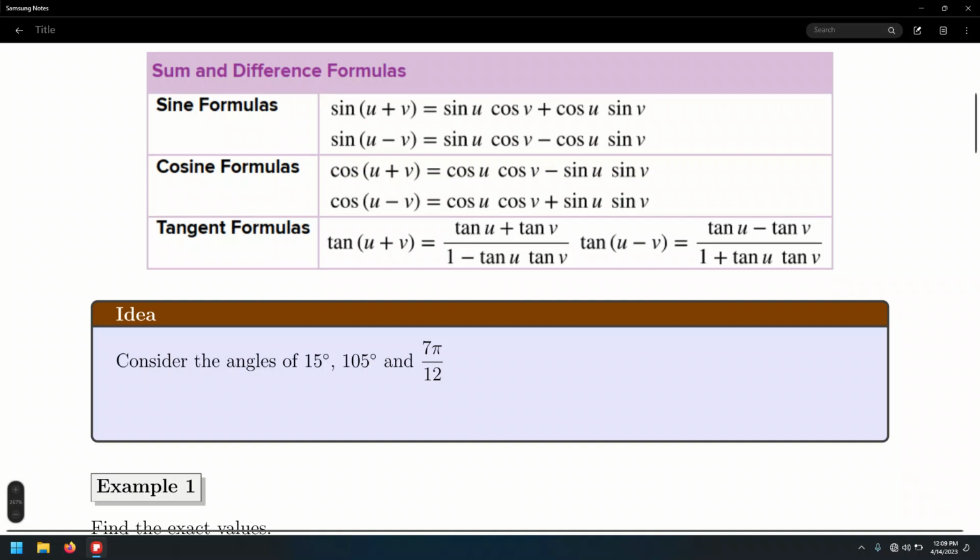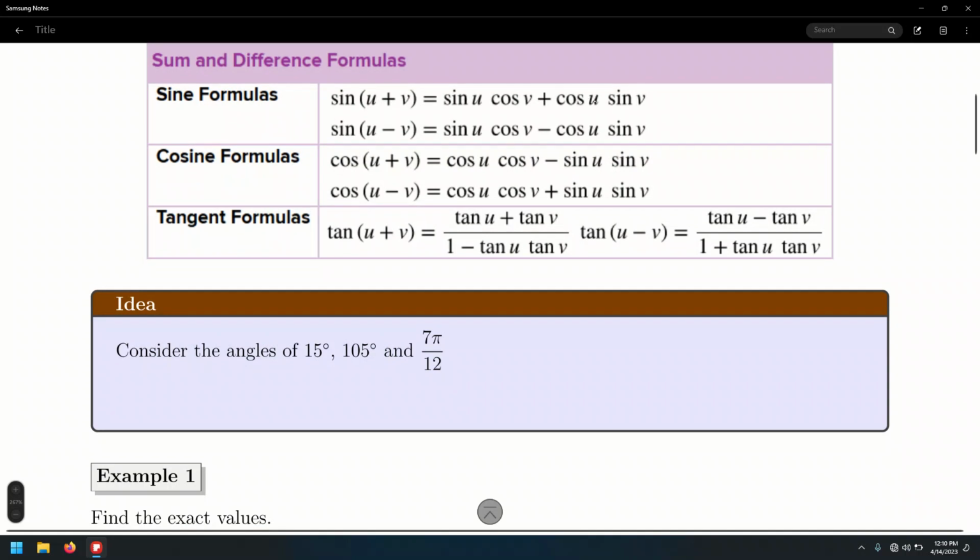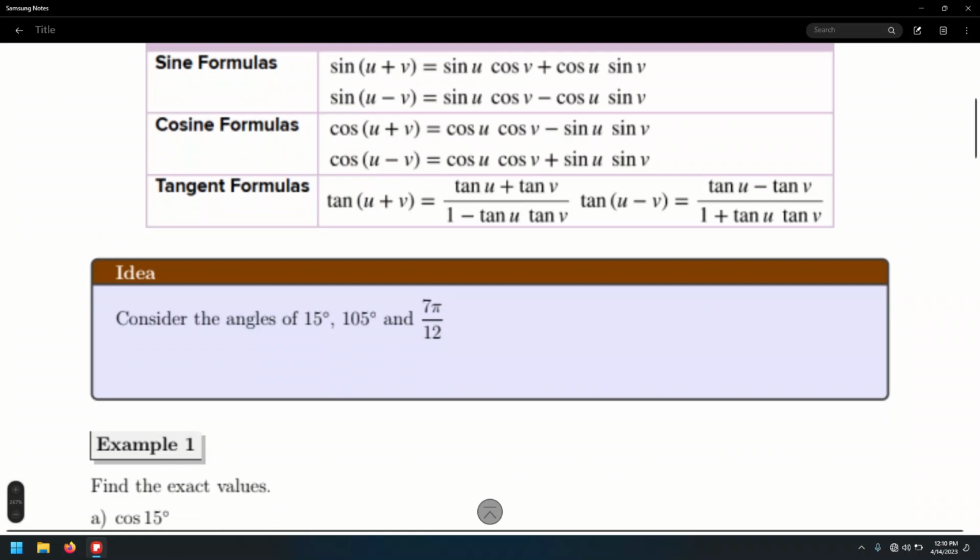To see a little bit of pattern recognition, for the sine formulas, notice the plus remains a plus and the minus remains a minus, and we have sine cosine and then cosine sine. Sine u cosine v plus cosine u sine v, and the same for the opposite in sine.